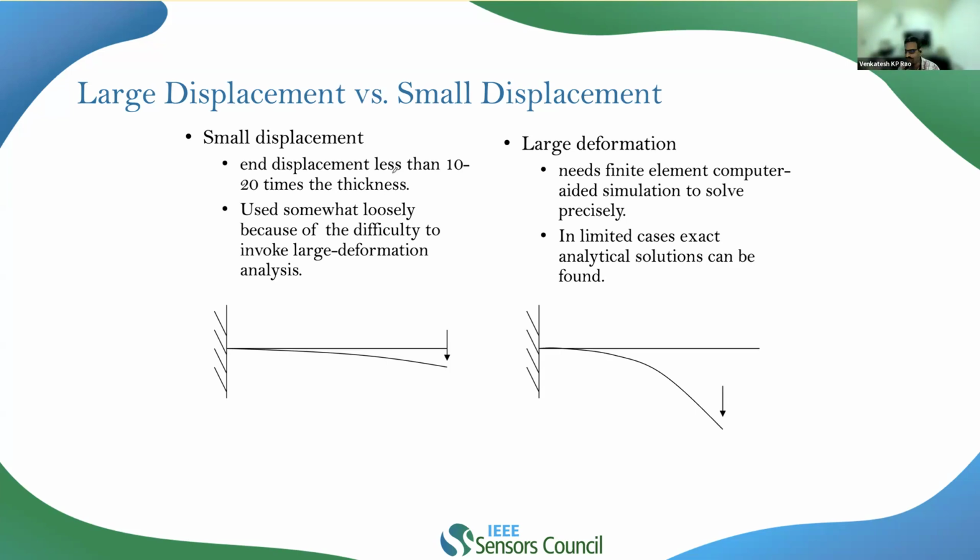In around 90% of the cases, we get in the small deformation range because as long as it's a small amplitude deformation, your linear theory will go through and you can go forward for a completely analytical solution of it.